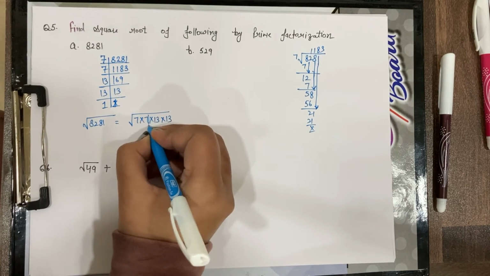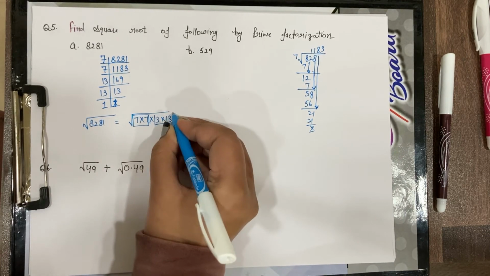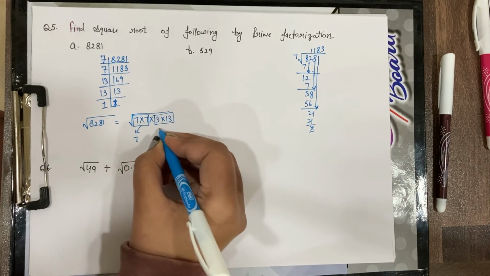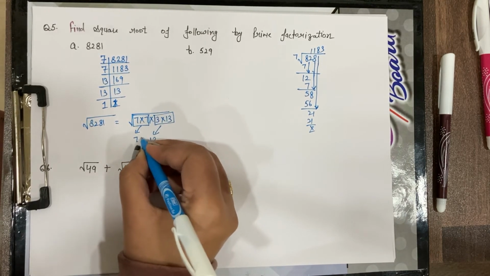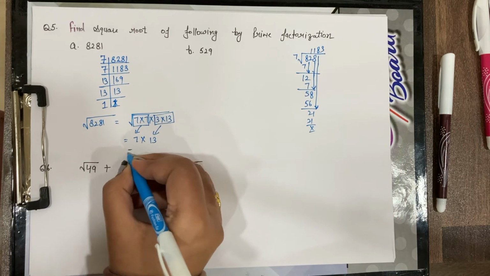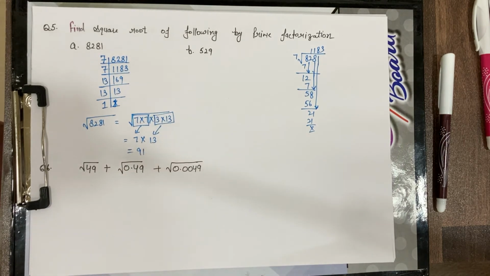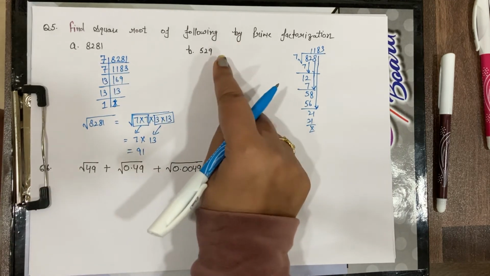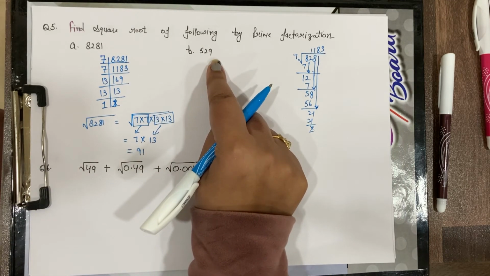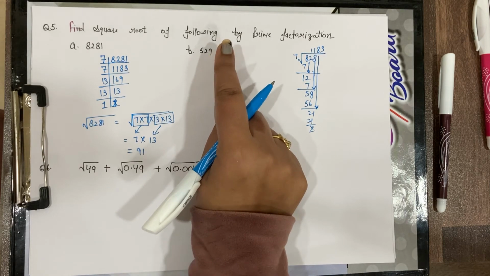When you make pairs, 7 will come out. Similarly, 13 will come out. And you get 91 as the square root of this number. Now try this part yourself and find the prime factors.